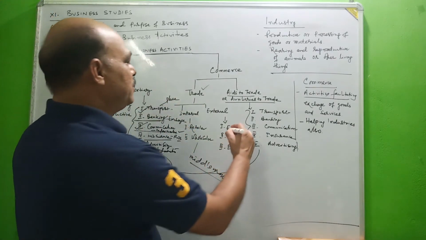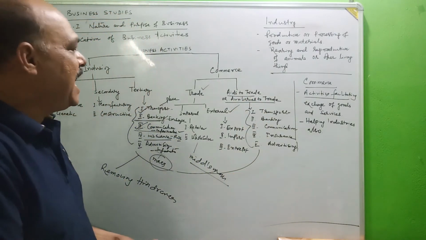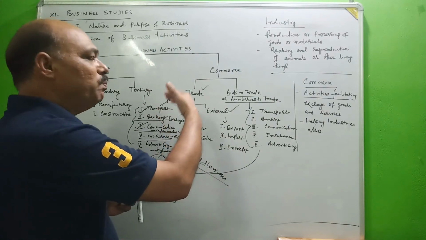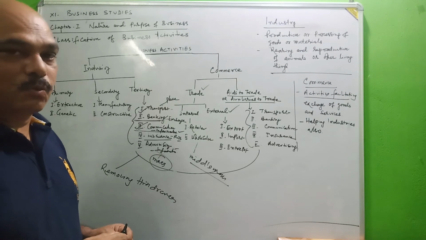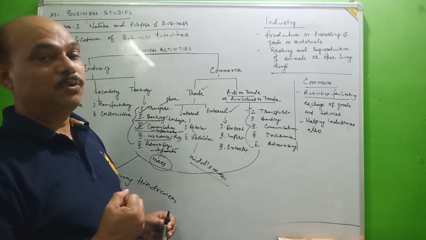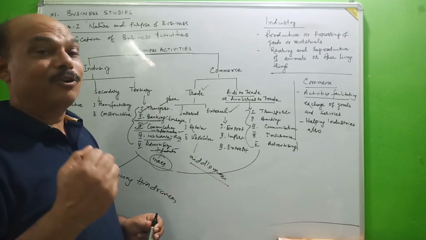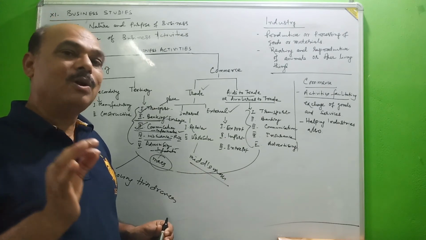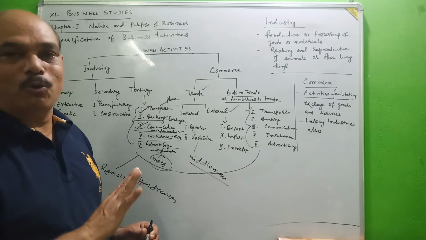Now you see external trade. What do you mean by external trade? External trade means when we go beyond our political boundaries for trade and commerce. Why should we go? Because we are dependent on others also, because we can't produce all types of products.